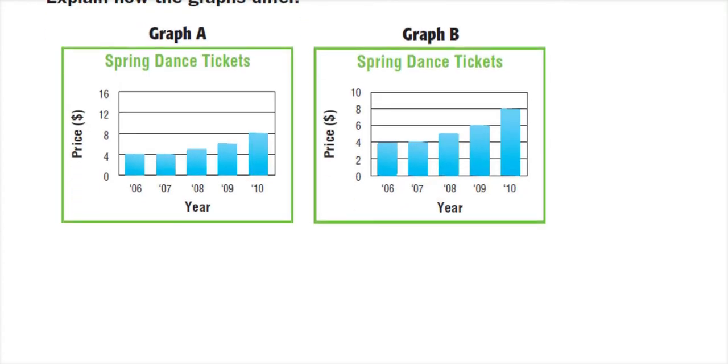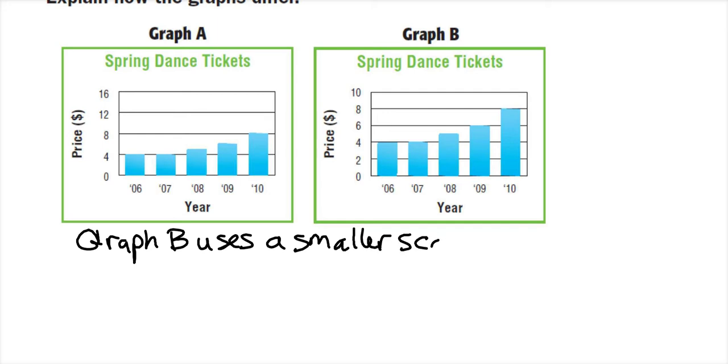All right, so we need to explain how they differ. So what are the differences in the two? Well, the years are the same, the title's the same, but the scale is different. Okay, so graph B uses a smaller scale. All right, and then we'll add a little bit more to this.